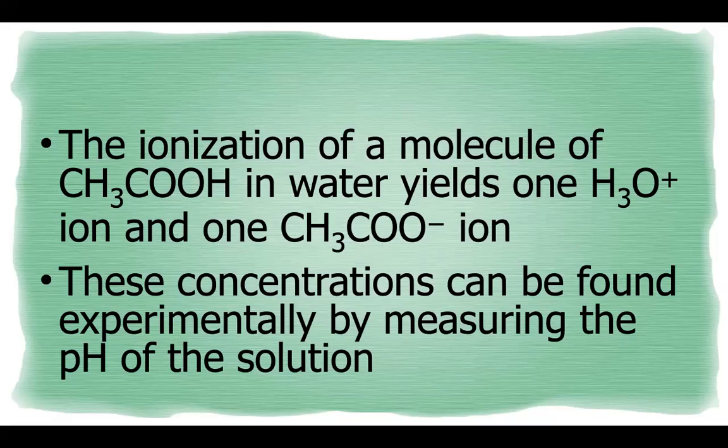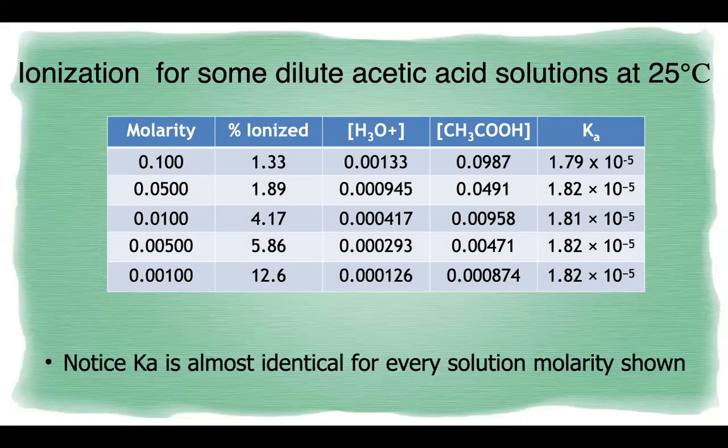These concentrations can be found experimentally by measuring the pH of the solution. If you remember all the way back, based on the pH, we could calculate the concentration of hydronium and hydroxide. So that's how we get that.